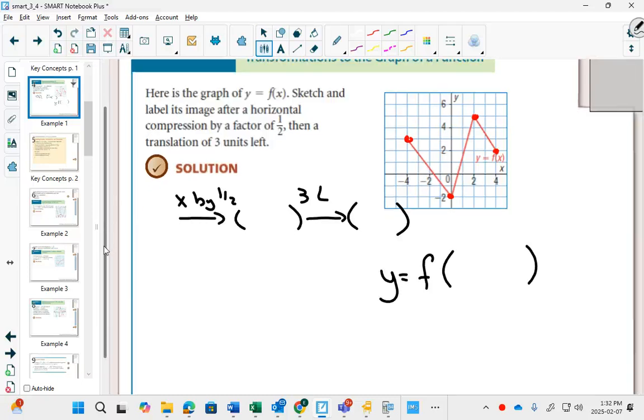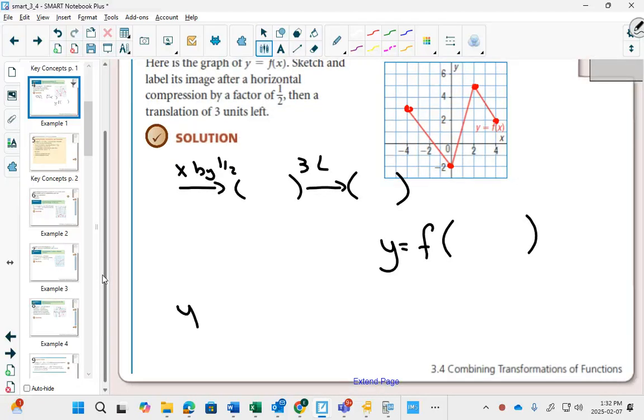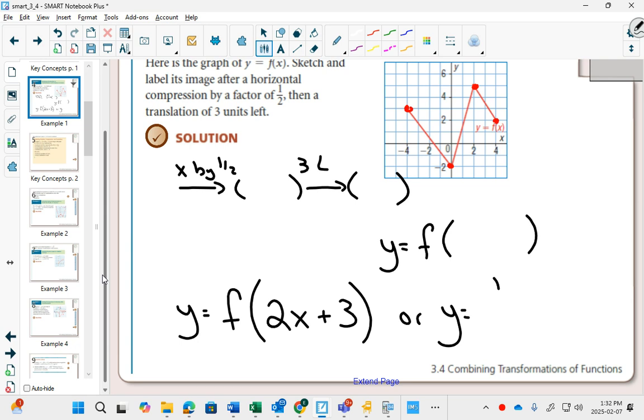My question is, which do you think is right? Should I write it this way with, oh, x's are liars, right? So this 1/2 should be a 2. And then this 3 left, x's are liars, should be a +3. Or should I write it this way? X's are liars too. Those are different.